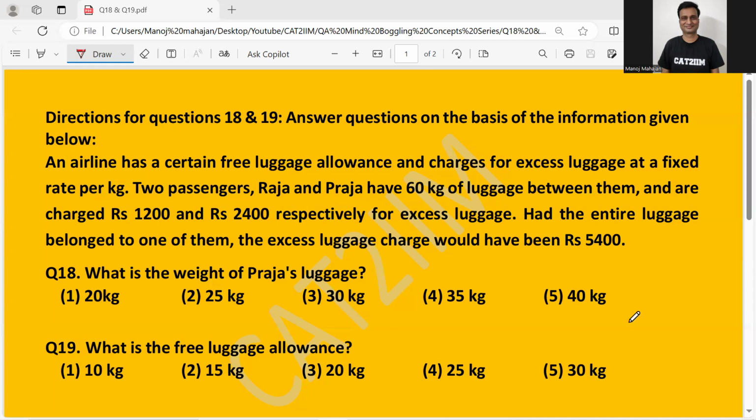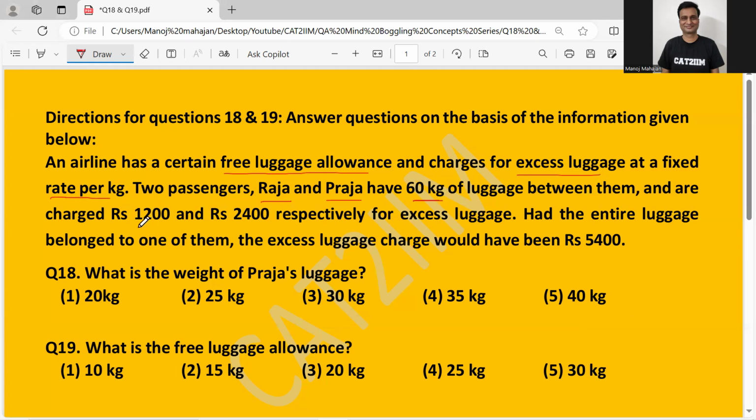So let's read the question out here. An airline has a certain free luggage allowance and charges for excess luggage at a fixed rate per kg that is given to us. Two passengers, Raja and Praja, have 60 kg of luggage between them, which means in total they have 60 kg with them.